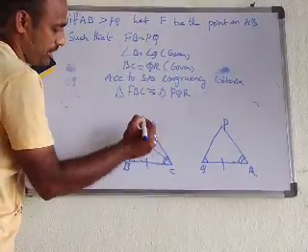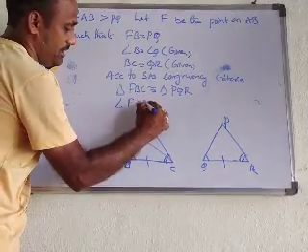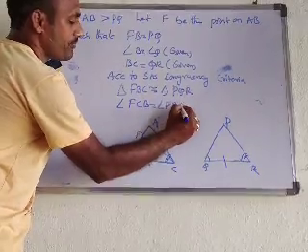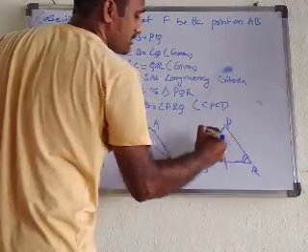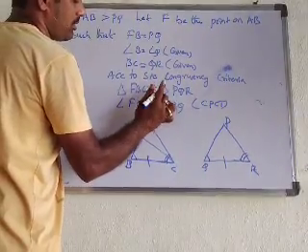So corresponding parts are equal. I can write angle FCB is equal to angle PRQ. This is CPCT: since the two triangles are congruent, the corresponding angles are equal.